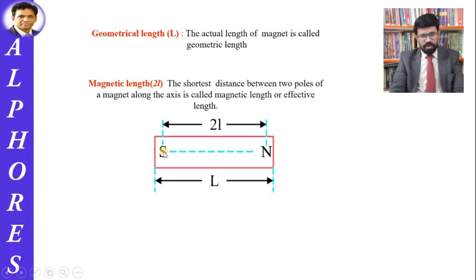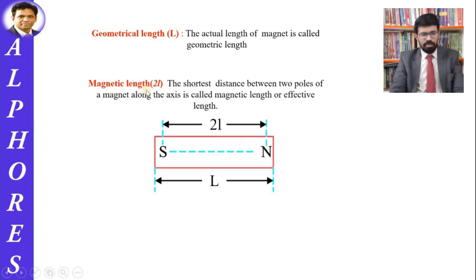The reason is, whatever south poles and north poles we have been talking about, they don't lie directly on the cross section of this bar magnet. The north pole will be slightly inside, somewhere here, and the south pole somewhere here. What we take as magnetic length is the separation between south and north pole.